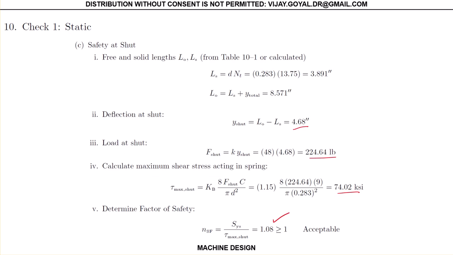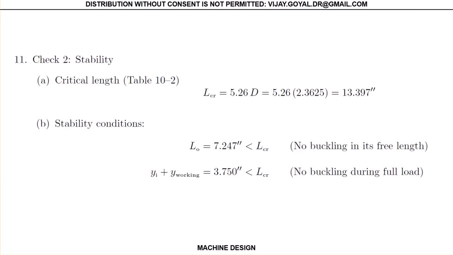Okay. Then we move on, and we have to check the stability and multiply by your diameter. This gives you 13, and you can see that your maximum L sub 0 is less than L critical, so we are good there. Your working conditions also are below this, so your stability is good. Stability, buckling will not be an issue for this spring.